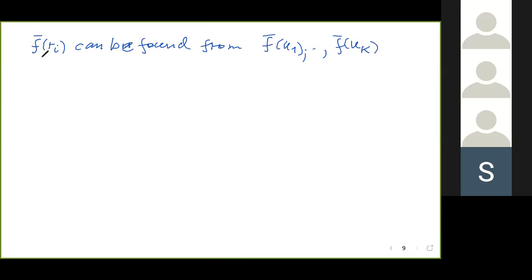And this is because tilde F is a linear function, and each Ri is a sum of certain U's, so we can just compute this bit as the sum of corresponding bits from these bits. And this is a k-bit vector.